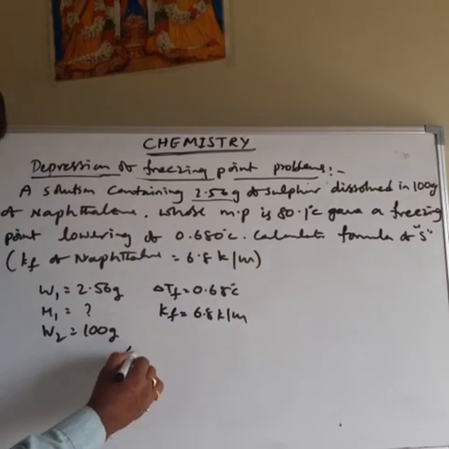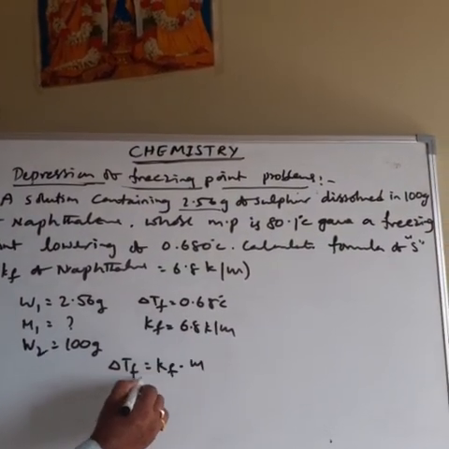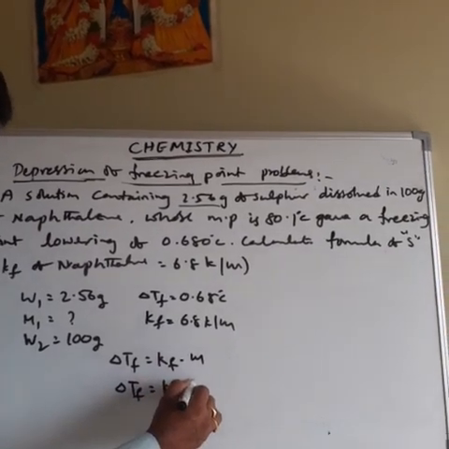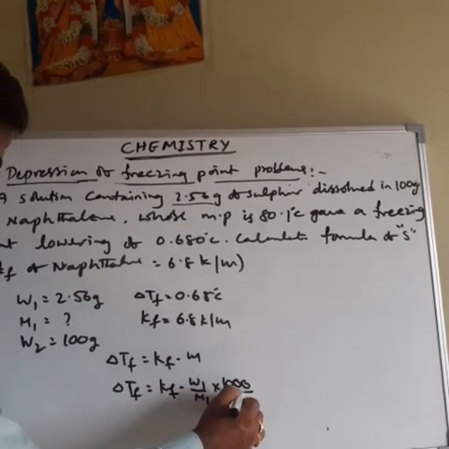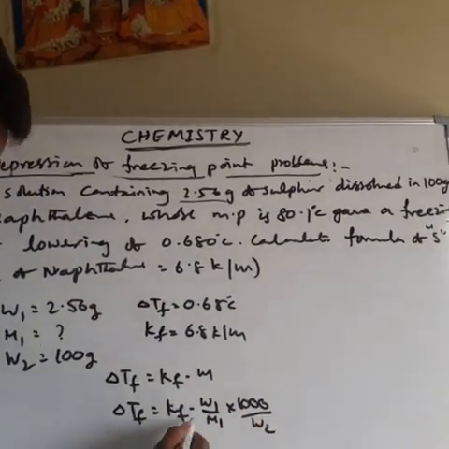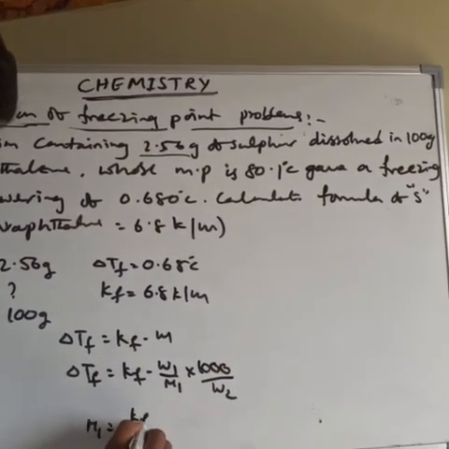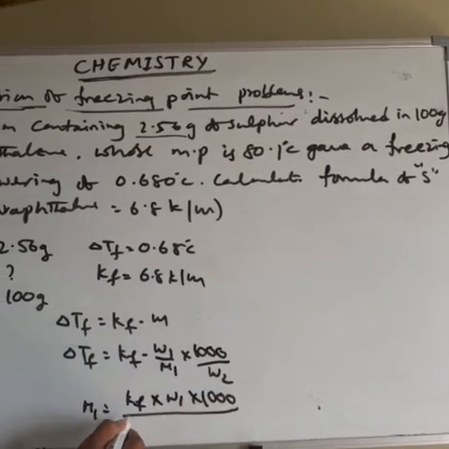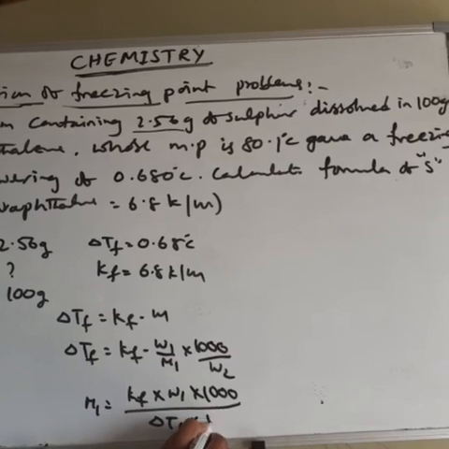The formula I told: delta TF is equal to KF into M, meaning delta TF is equal to KF into W1 by M1, molality, into 1000 by W2. From this we calculate M1, taking M1 separately: KF into W1 into 1000 divided by delta TF into W2.